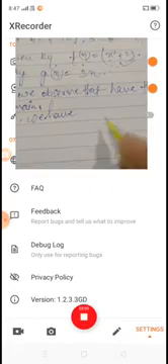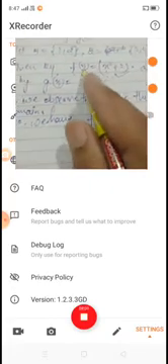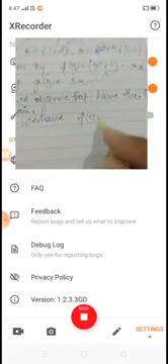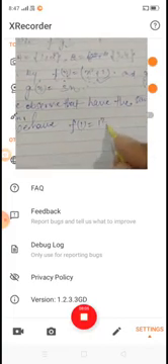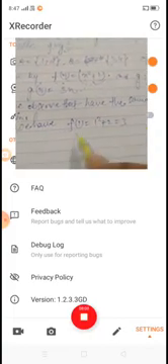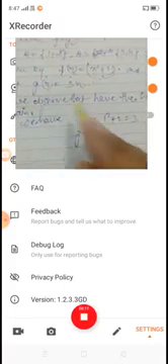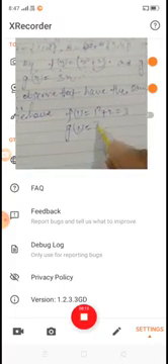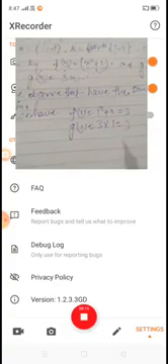Also, let's see, if we put x is equal to 1, then f of 1 is equal to 1 square plus 2, that is 3. And g of 1 is equal to 3 into 1, which is equal to 3.